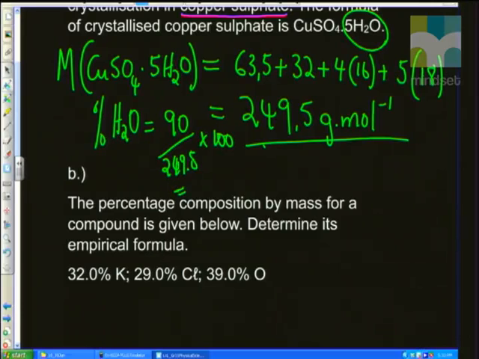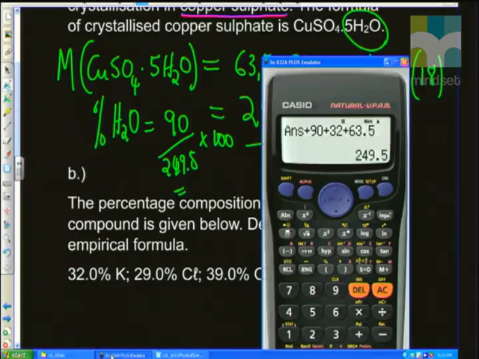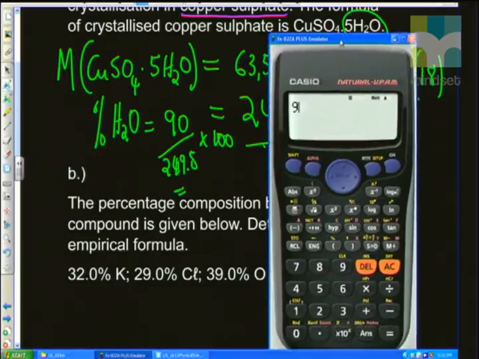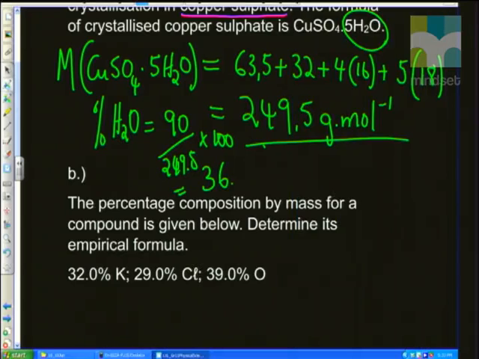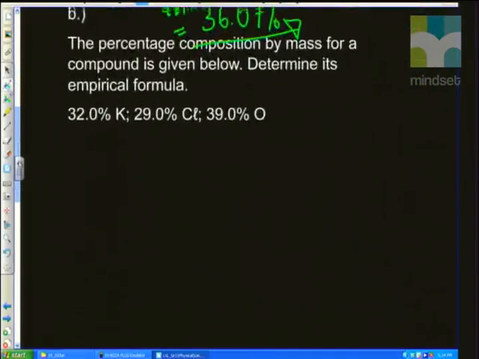And what do we get? 36.07%. That is the percentage water of crystallization in hydrated copper sulfate.